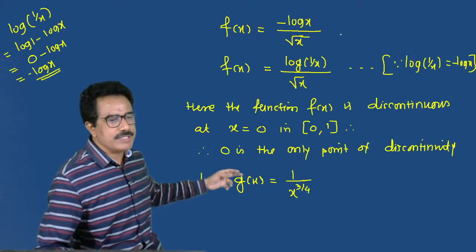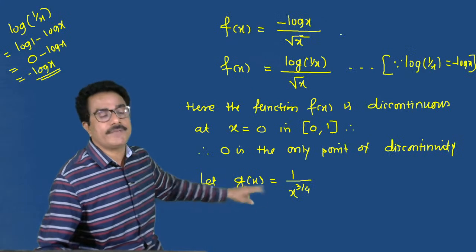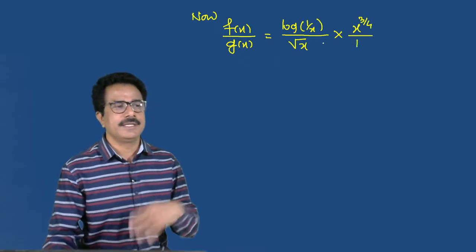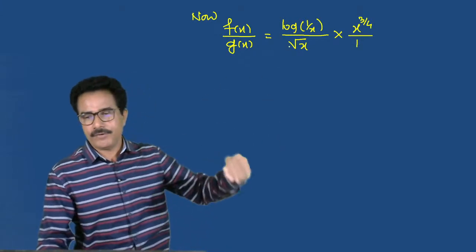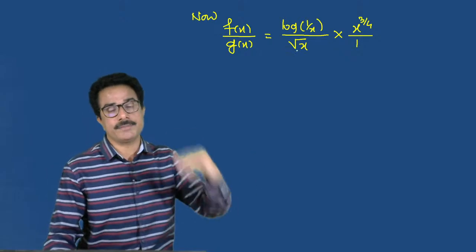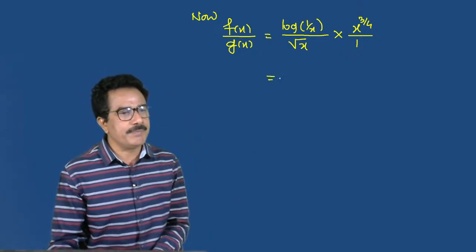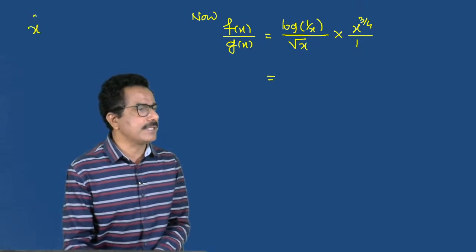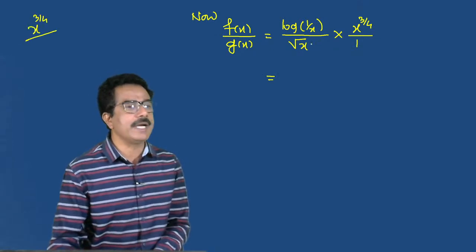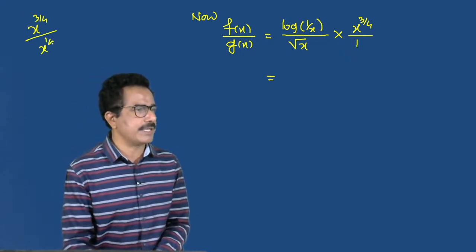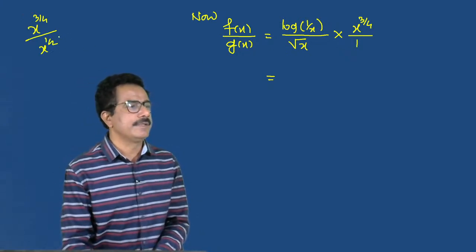Upon g of x means we can take the reciprocal of g of x. So we can write x raised to 3/4 divided by 1. Means we get the value of f of x divided by g of x. Do you understand? Understand properly. That can be written as x raised to 3/4 divided by root x. Root x means what is the power of x? x raised to 1/2.